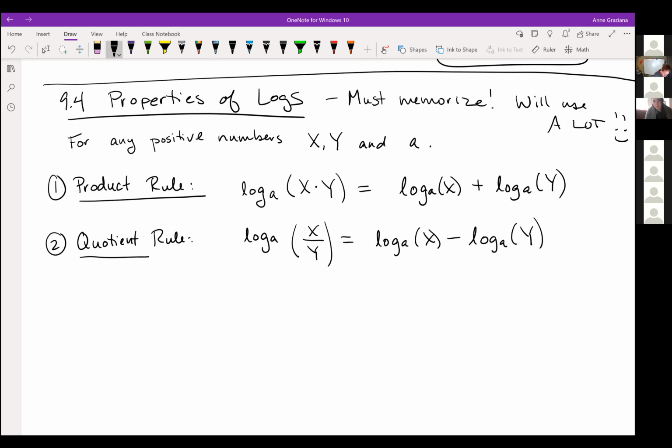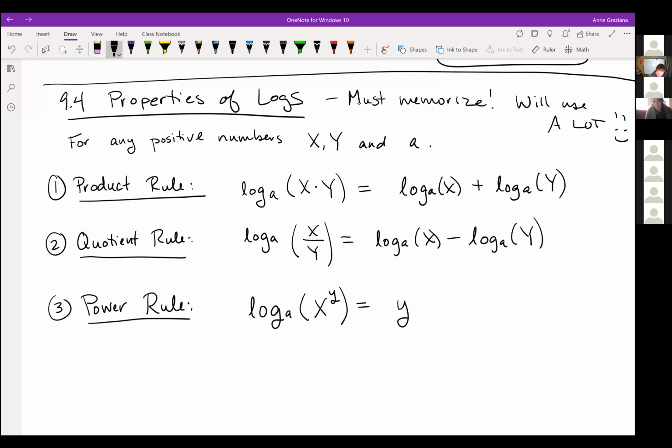And then the last one is called the power rule. Which says that if I have log base A of X to some power Y, this is the same as saying Y times that log base A of X.